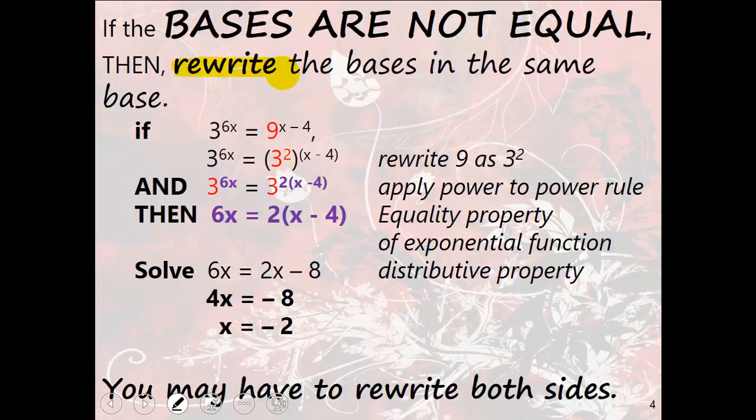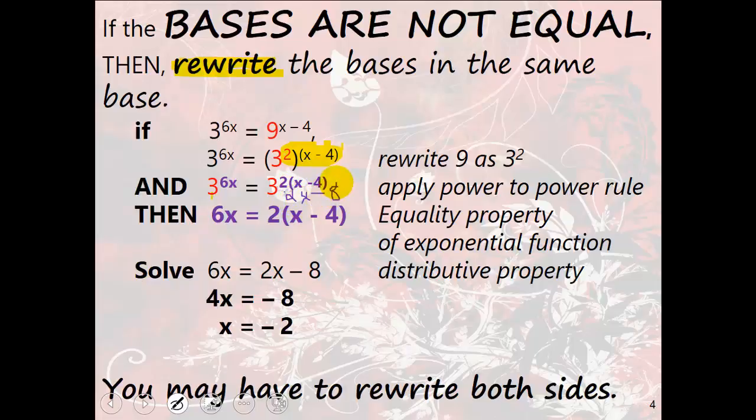Okay, so now I have a power raised to a power, so these two things are going to get multiplied together, and that I'm showing in my next step. So I have base 3 to the 6x is equal to 3 to the 2 times x minus 4. Another way of writing that is 2x minus 8. So this is 2x minus 8.